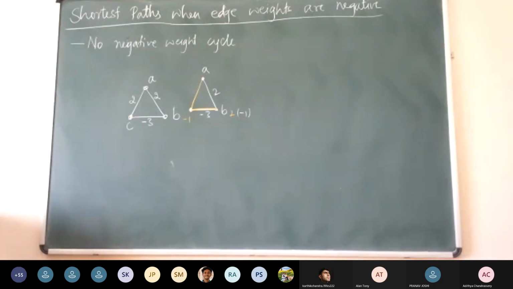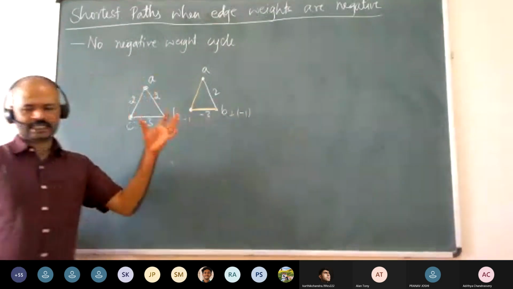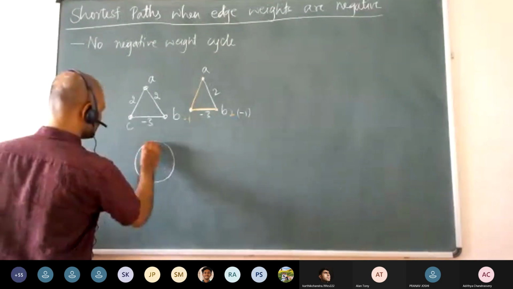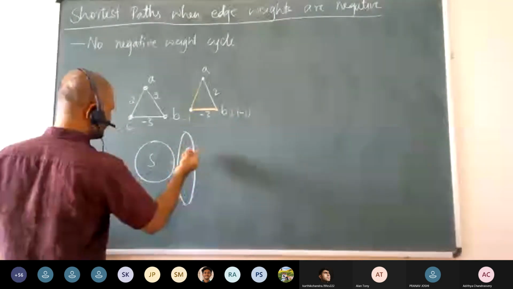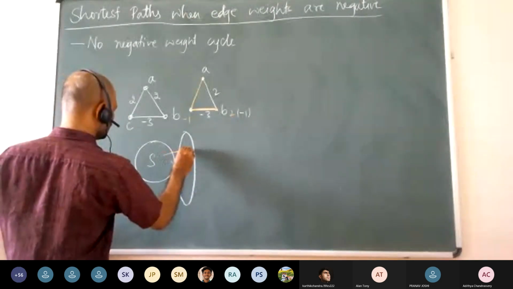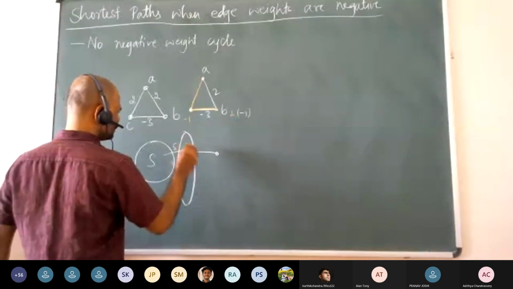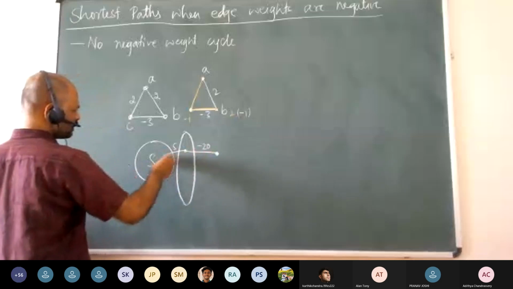The next vertex will not necessarily be in the neighborhood of the set S which we are trying to find. That is not a necessity because there could be vertices like this. This could have some weight, say 5. This could have some weight minus 20. This would be the shortest.